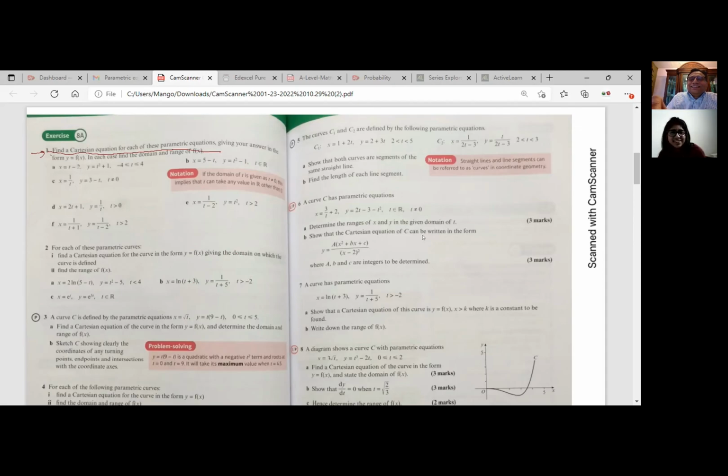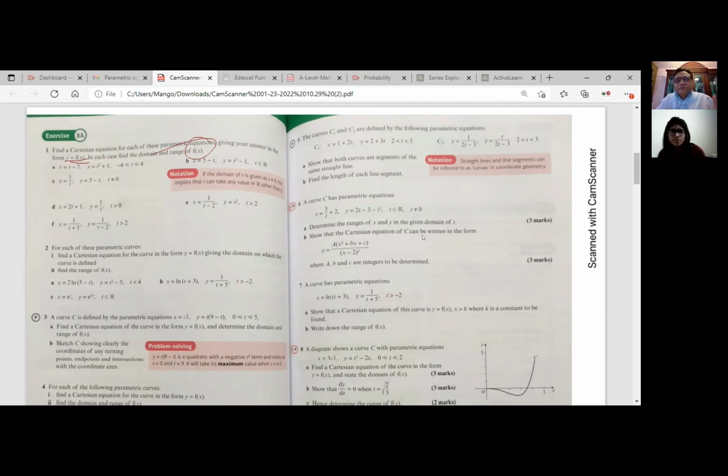Oh, is f of x the Cartesian equation? Yes, find the domain and range of f of x, which is part of the Cartesian equation.